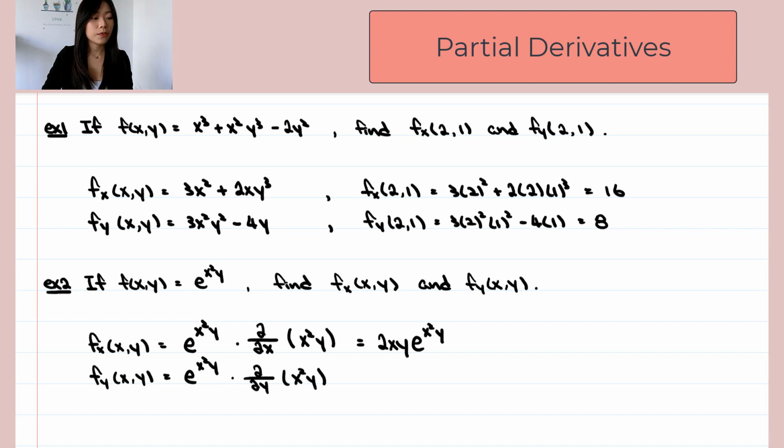So the latter part, we have the partial derivative of some constant, which is x squared, times the variable y, and the derivative of y equals 1. So this equals the constant x squared, then times e to the power of x squared times y.